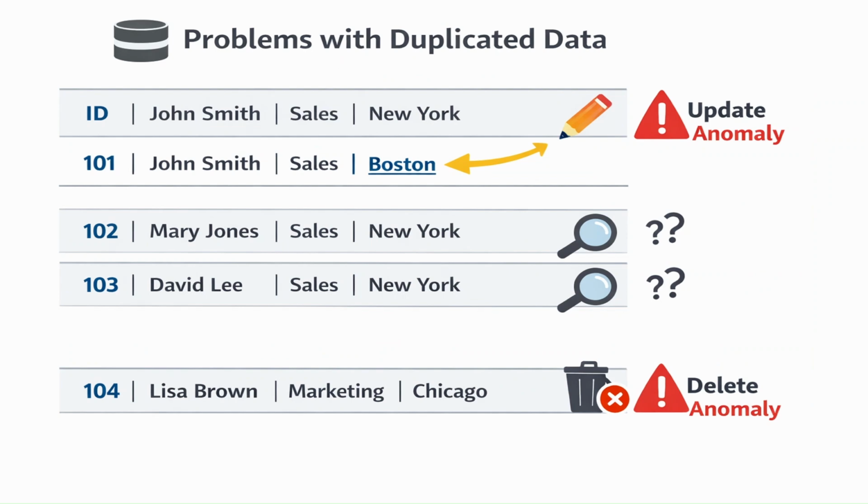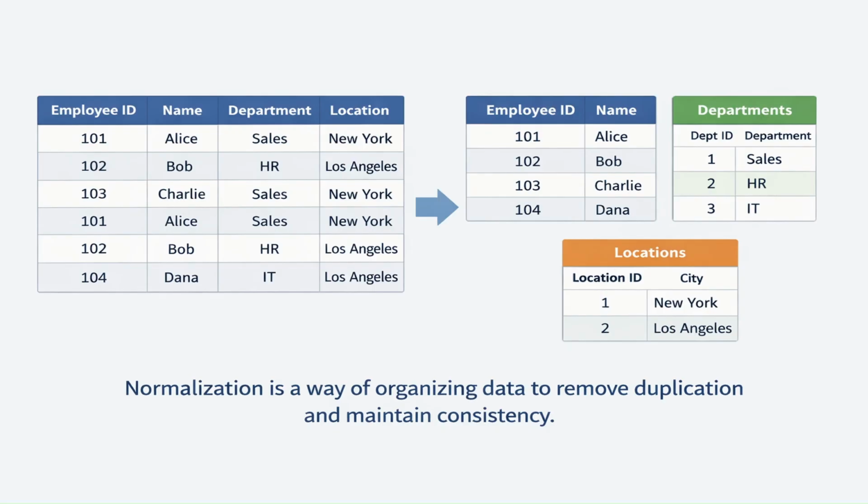So now we have talked about the problems. But what is the solution? How can we avoid such problems? How can we improve our table designs? That's where normalization comes in. So what is normalization?